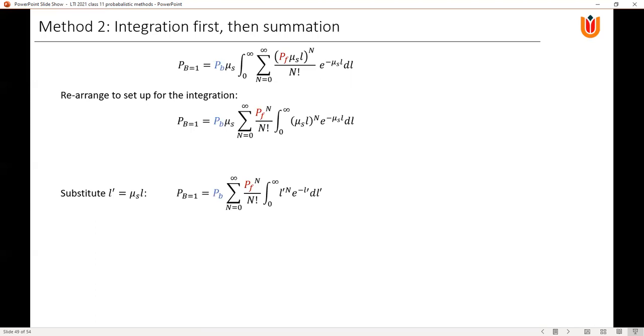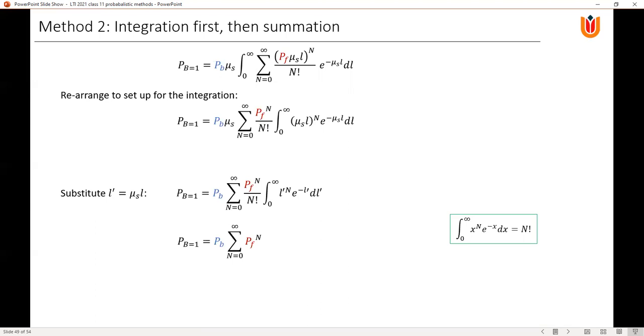If you first substitute, so now substitute L prime is mu s times L, to get the integral there, and this is also a standard integral. Combining that, we end up with this solution.